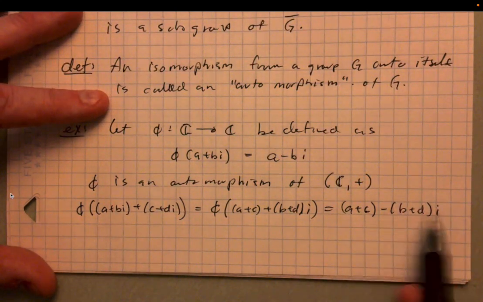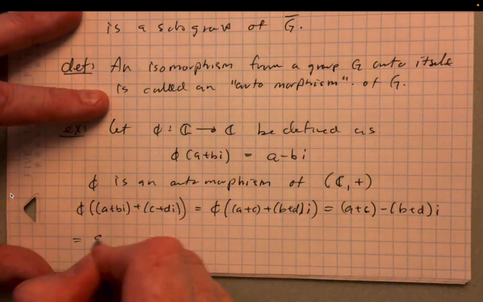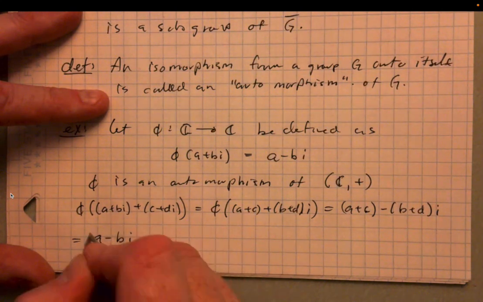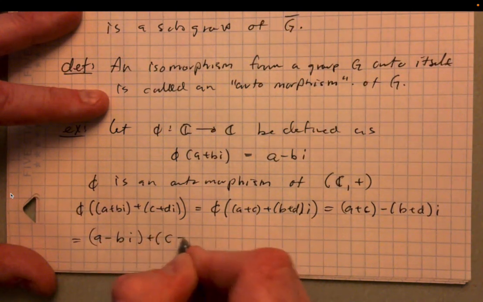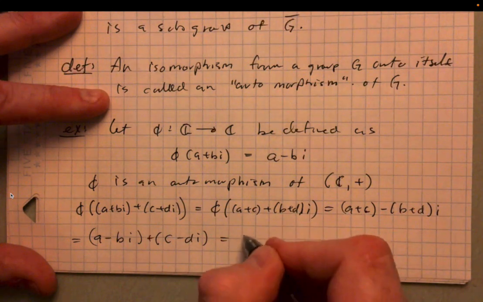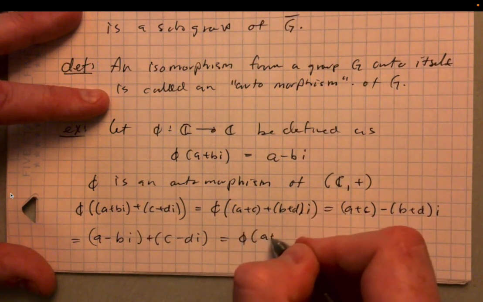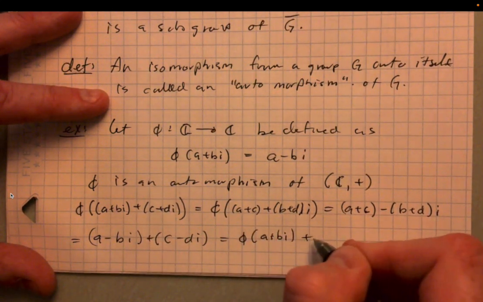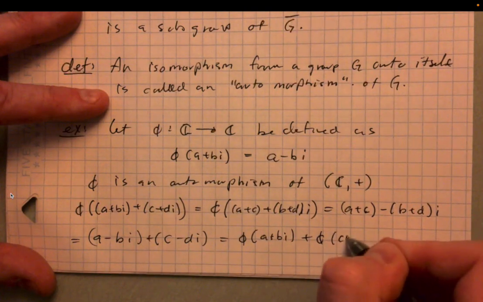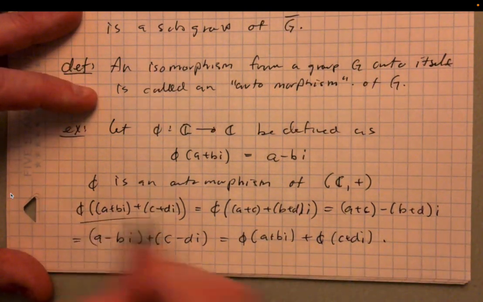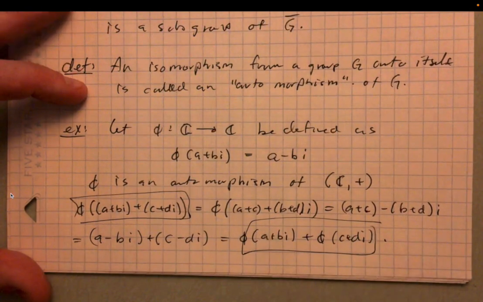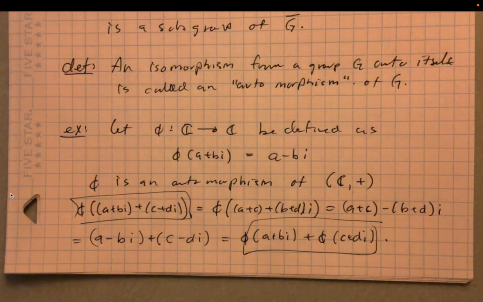Then I can just rearrange that, and I get A minus BI plus C minus DI, which of course is phi of A plus BI plus phi of C plus DI. So you get what you need there, and so this is an example of an automorphism.